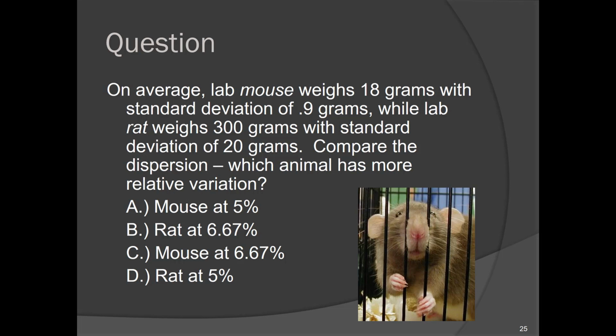You're going to start with the equation. So standard deviation divided by mean. For the mouse, 0.9 divided by 18 times 100 is 5%. For the rat, standard deviation divided by mean is 20 over 300 times 100 is 6.67%. So the rat has more relative variation at 6.67%.